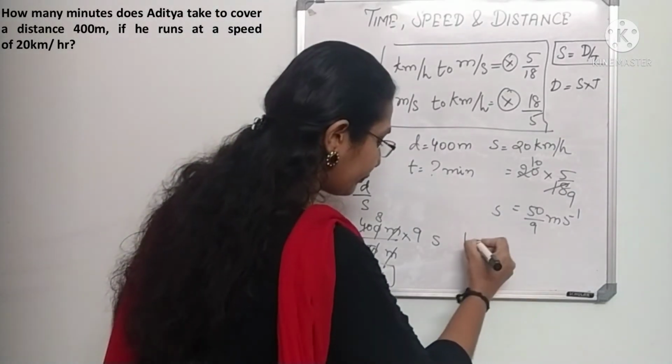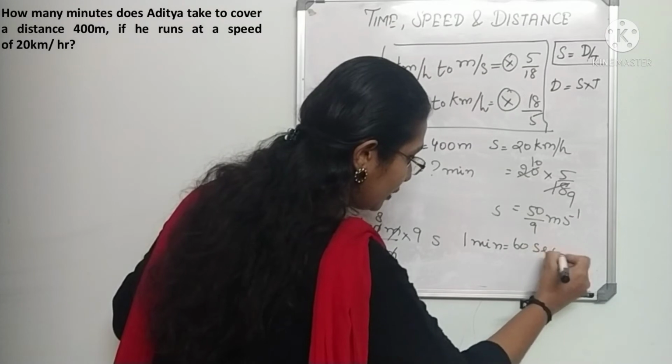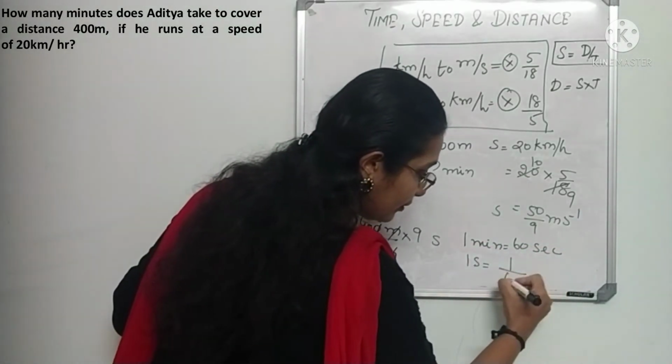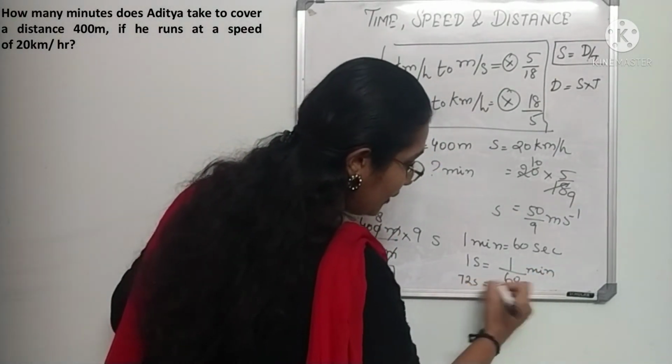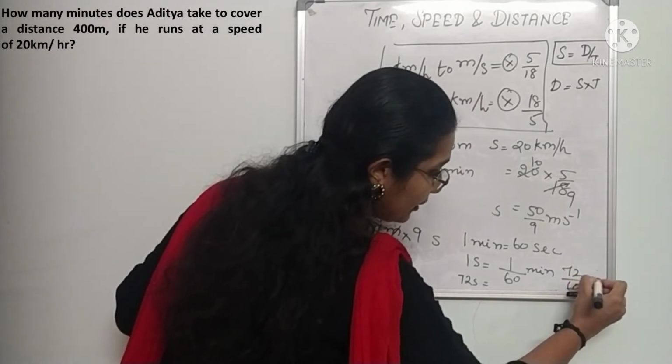So we know 1 minute is equal to 60 seconds. So 1 second is equal to 1 by 60 minutes. Right? Here we have 72 seconds. So 72 divided by 60 minutes.